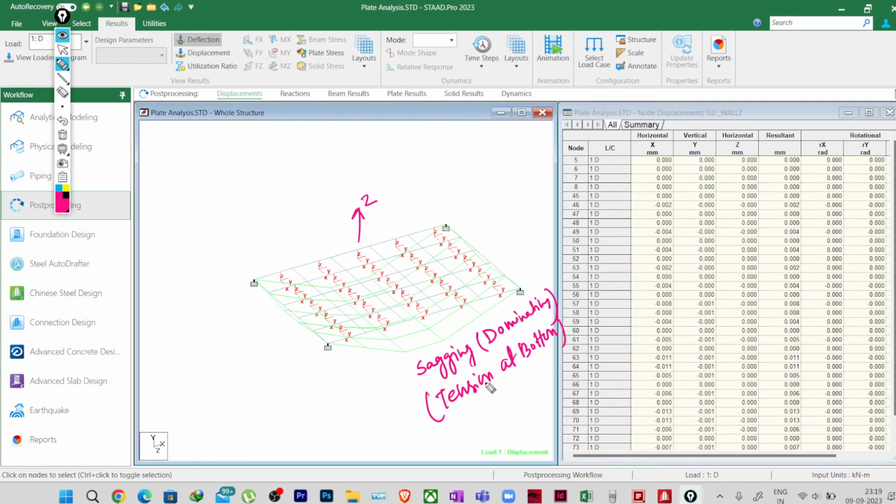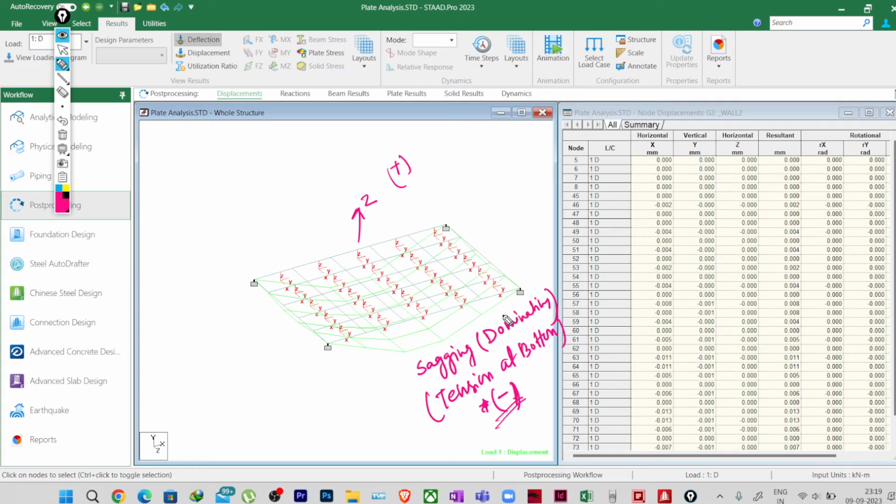So what will be the sign convention for this? As z is up, the opposite direction we have tension. So this is plus and this will be minus. So for the bottom face tension we will be getting negative moment, and for the top face we will be getting positive moment. And the negative moment value will be higher as the sagging is dominating here.